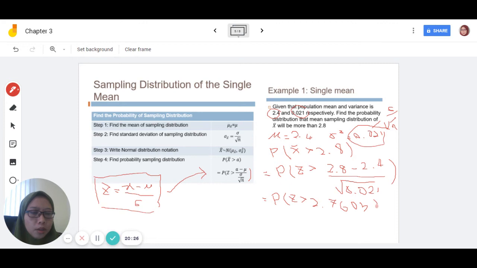Then you can use your formula using R. Using R, you put in your calculator 2.7603, and then you get the answer, which is 0.00289. So that is for single mean.